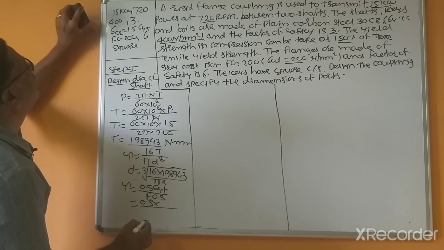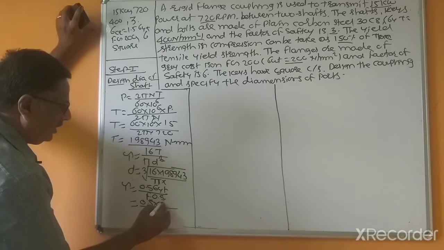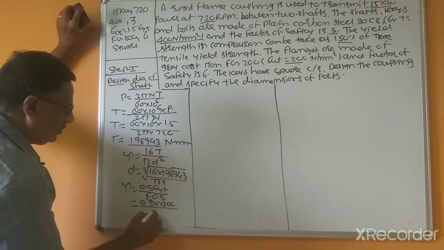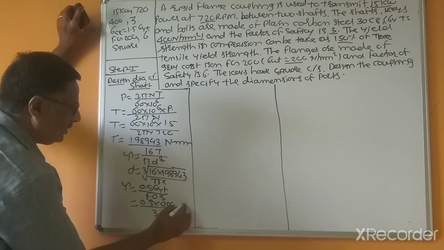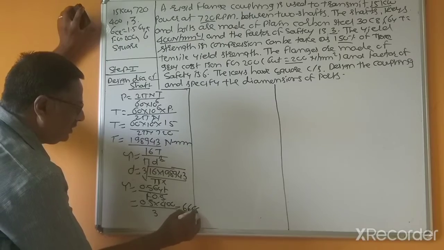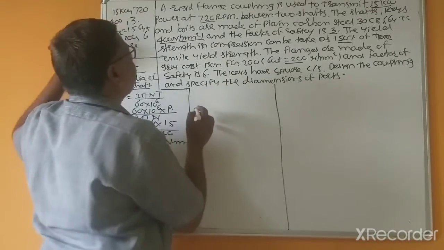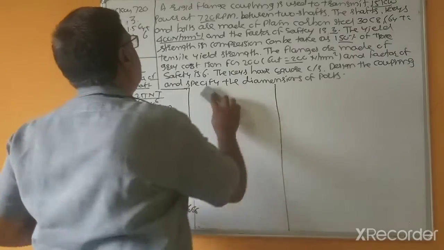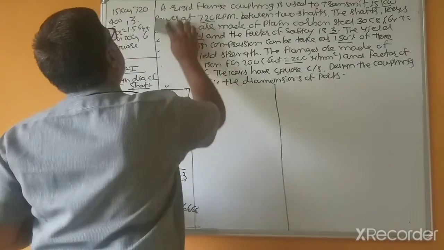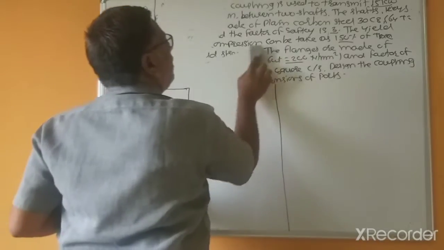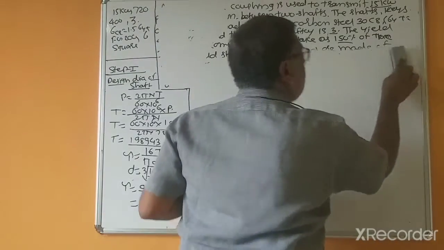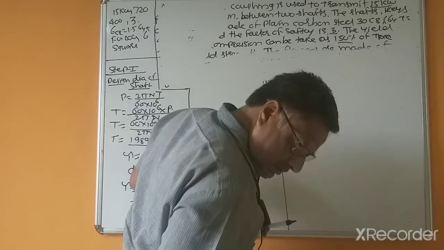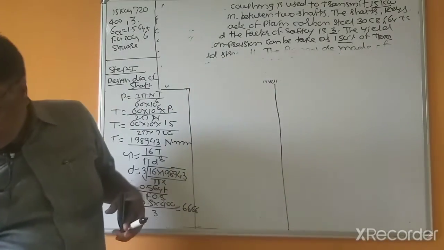This is given, 400 divided by 3, 0.5 into 400 divided by 3 means 200 divided by 3, 66.66. Now I can erase this because we require more space to solve the problem, and this problem is the design of the coupling.